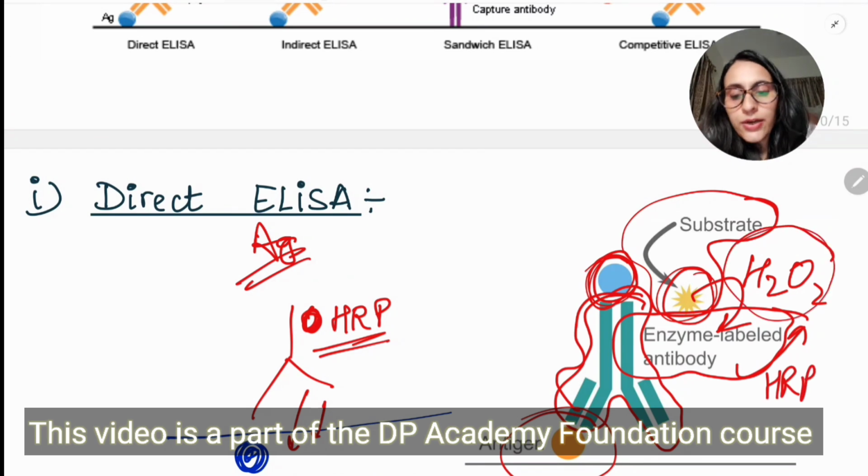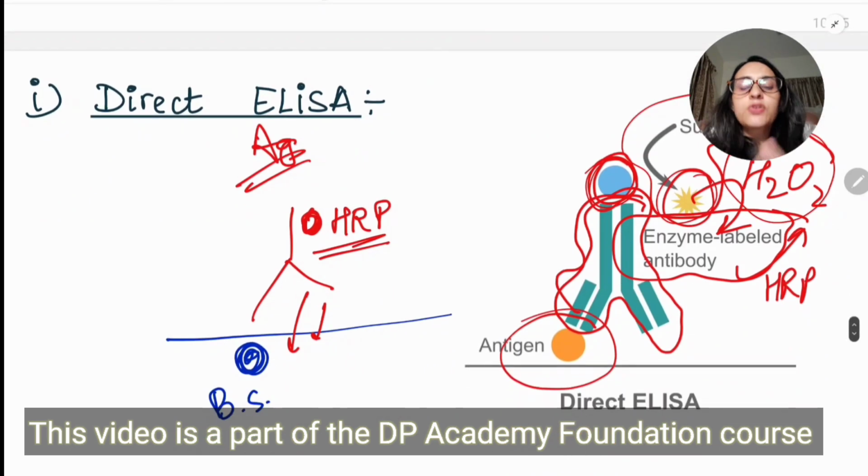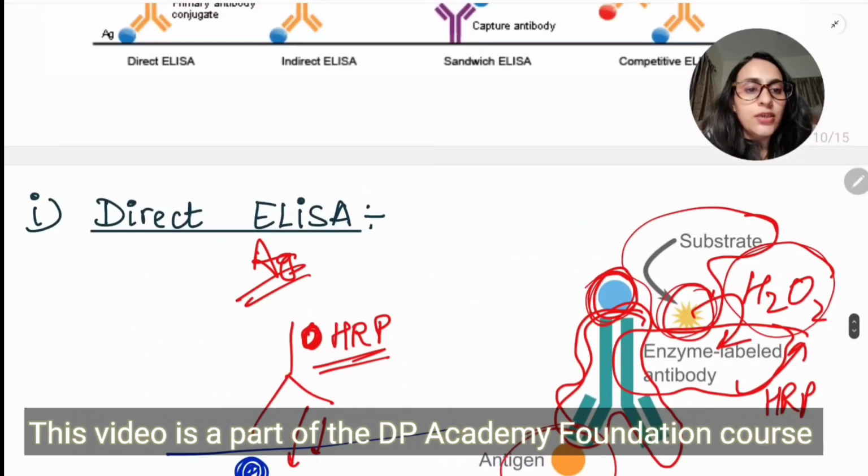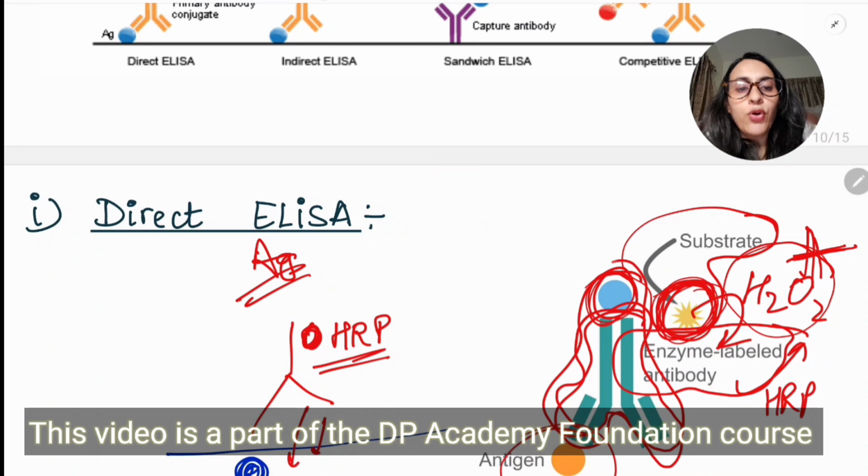When it breaks the substrate, that is hydrogen peroxide, it is going to show the color because we have the substrate along with the tetramethylbenzidine. So the substrate contains hydrogen peroxide plus chromogen, that is tetramethylbenzidine. So basically, when you react the substrate with the enzyme-labeled antibody, it is going to show the color.